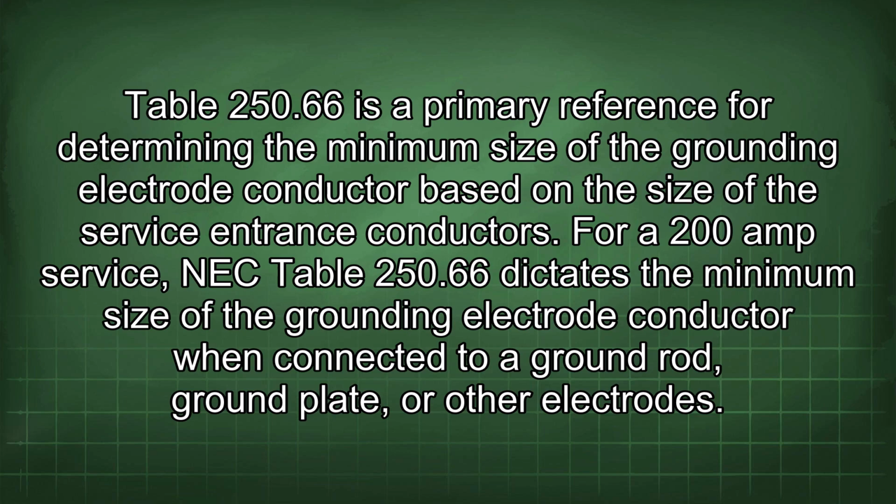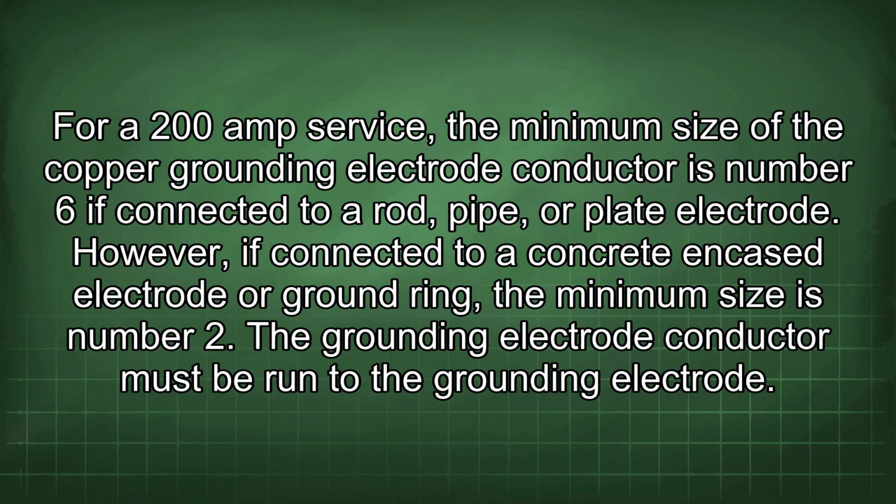For a 200 amp service, NEC Table 250.66 dictates the minimum size of the grounding electrode conductor when connected to a ground rod, ground plate, or other electrodes. For a 200 amp service, the minimum size of the copper grounding electrode conductor is number 6 if connected to a rod, pipe, or plate electrode. However, if connected to a concrete encased electrode or ground ring, the minimum size is number 2.